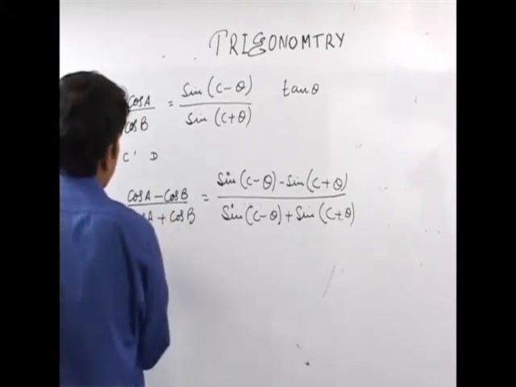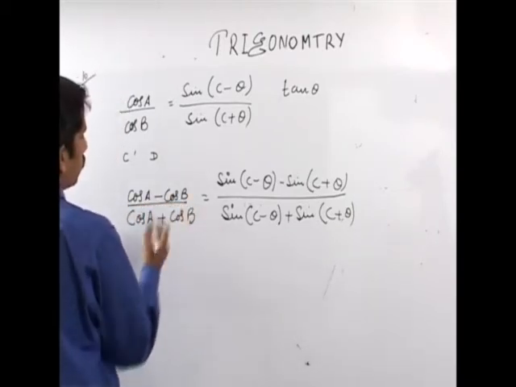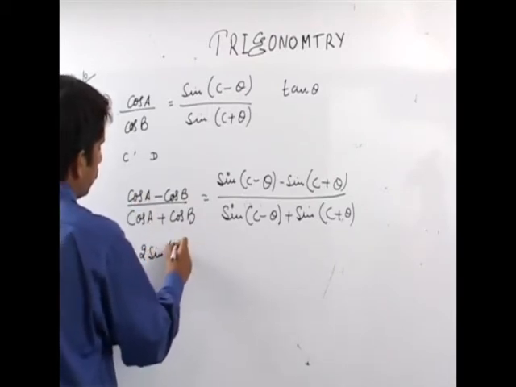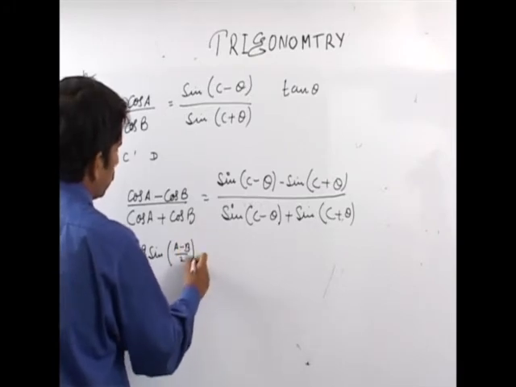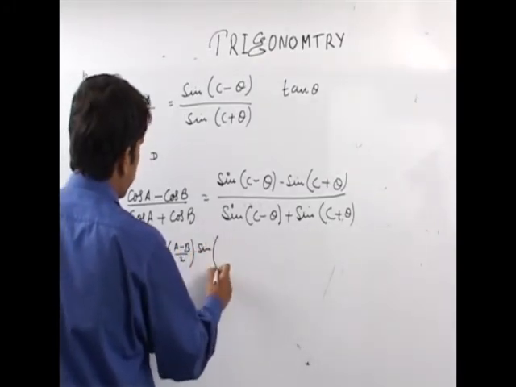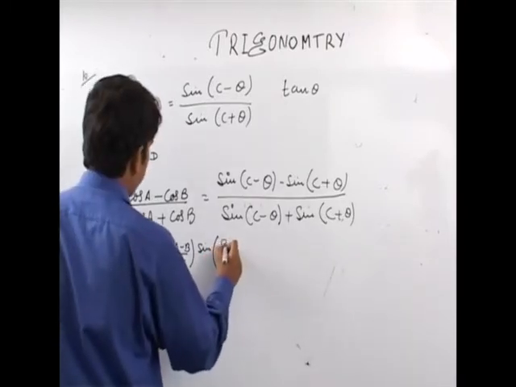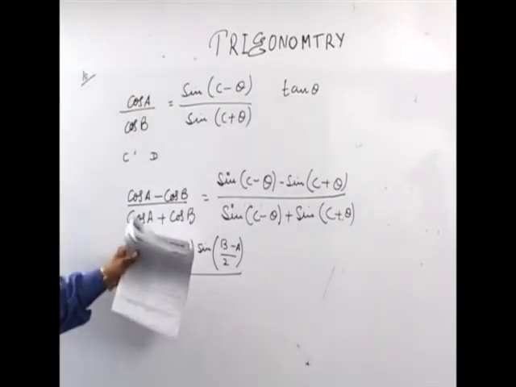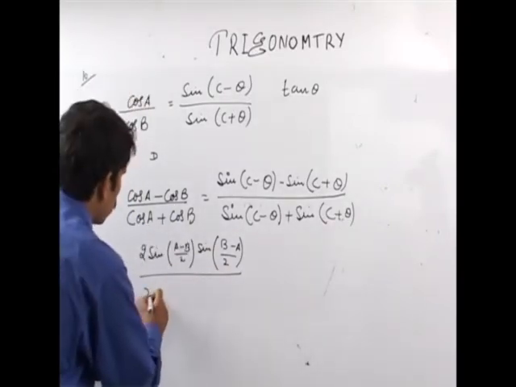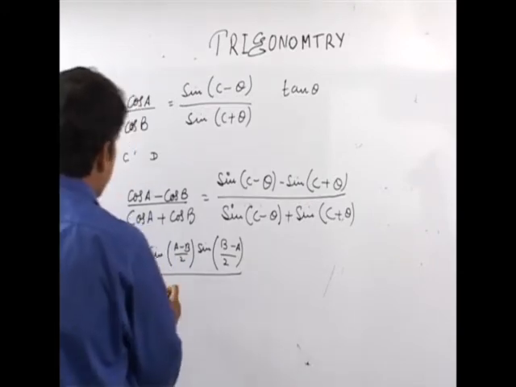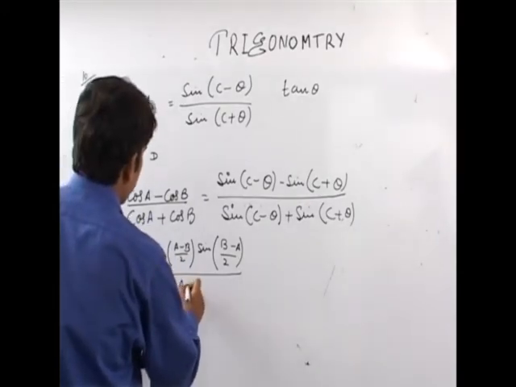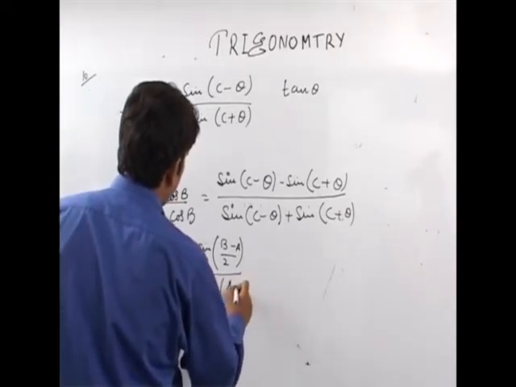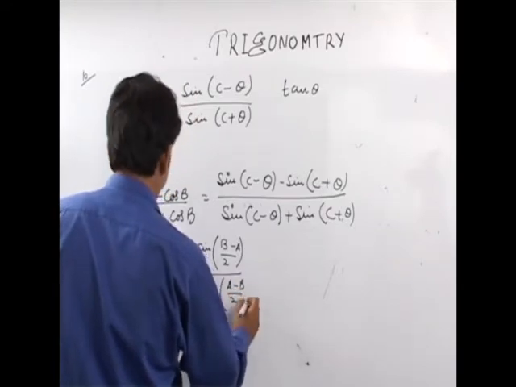Now cos C minus cos D gives you 2 sine of (C plus D) by 2 into sine of (D minus C) by 2, that means sine of (A plus B) by 2 and sine of (B minus A) by 2, over cos C plus cos D, which is 2 cos of (C plus D) by 2, that means (A plus B) by 2, and cos of (A minus B) over 2.